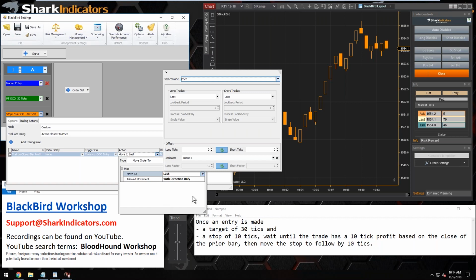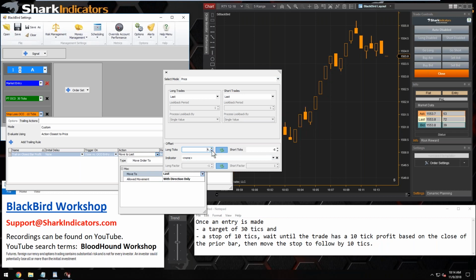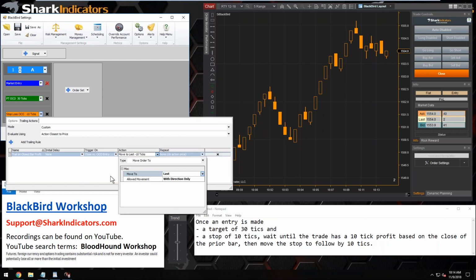All right, so we'll just set this up for a real-time 10 tick trailing stop loss. So I'm going the wrong way here. Stop losses are negative 10 ticks. There we go. Negative 10 ticks, or in other words, 10 ticks below the last price.